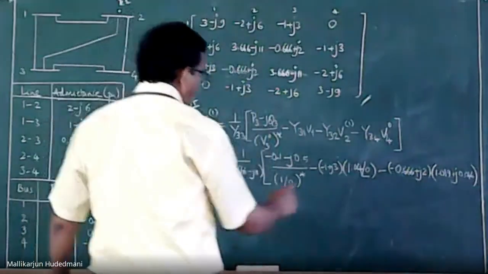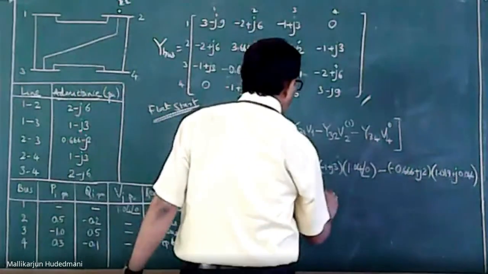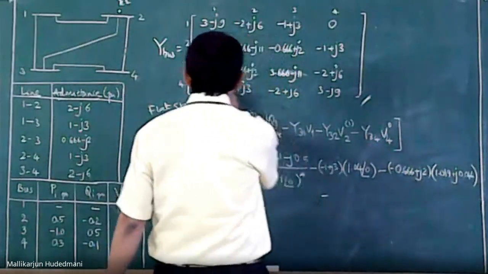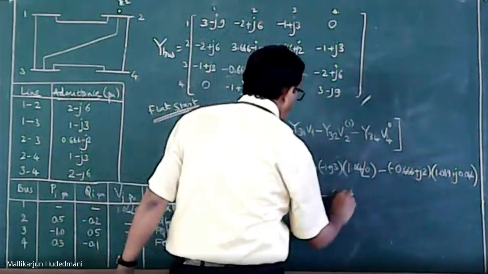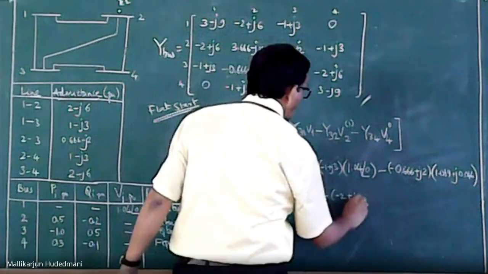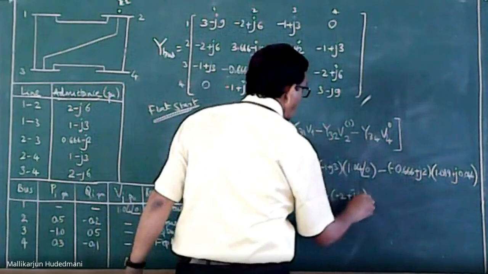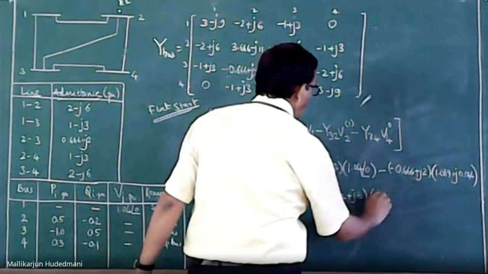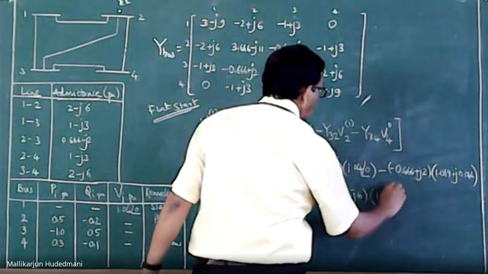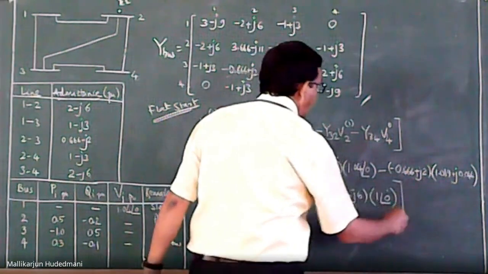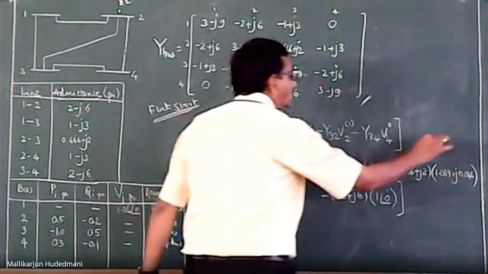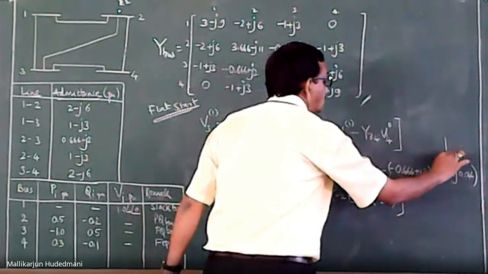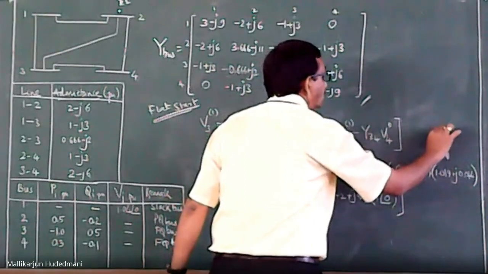And the last term is 34, minus. What is Y34? 34 is minus 2 plus j6, this into 1 angle 0. This is your complete step. You must note this is a change. This is the latest value.